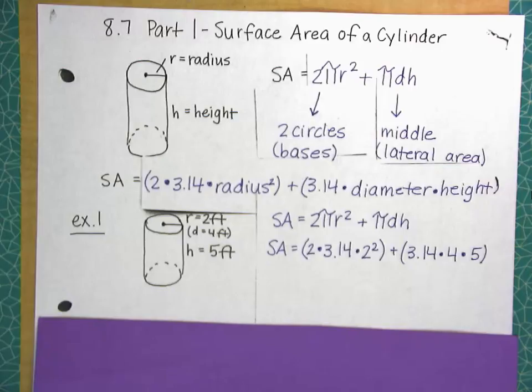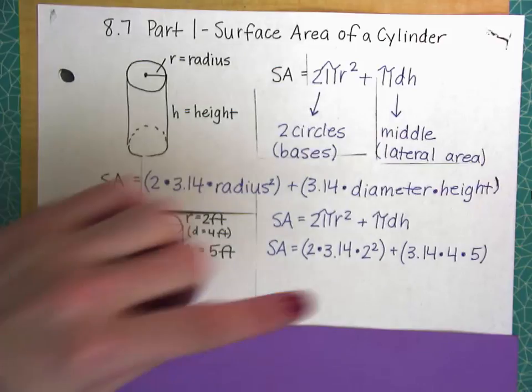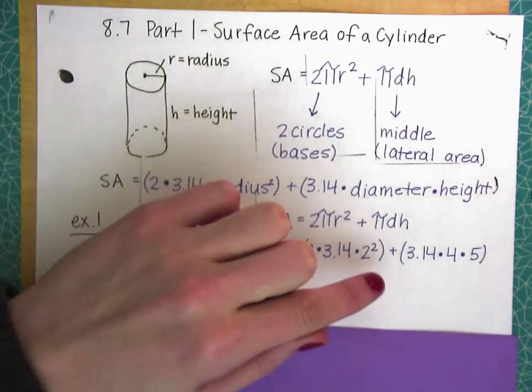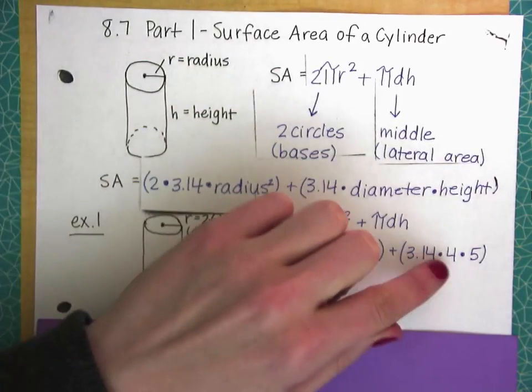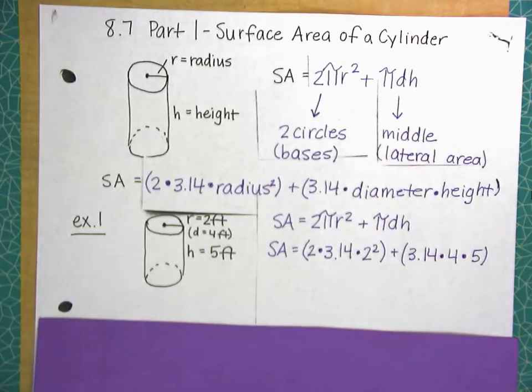Guys, this is why it's so important to do your work. In my last class, I was working with a few students in the back, and I was able to see, because she showed her work, that from the very beginning she plugged in the wrong value for the radius and the diameter. But because she showed her work, I was able to see exactly where she messed up.